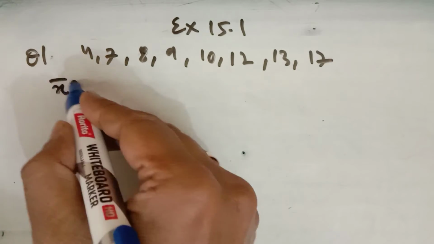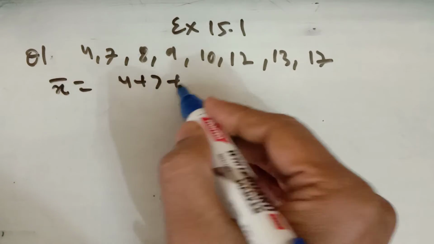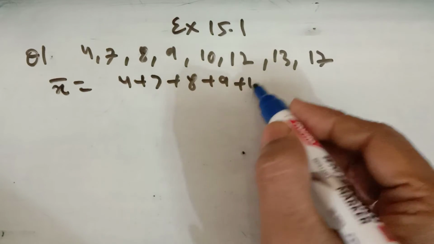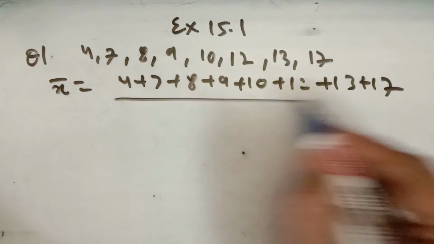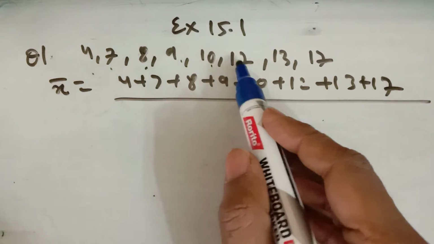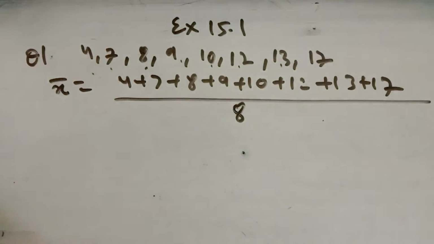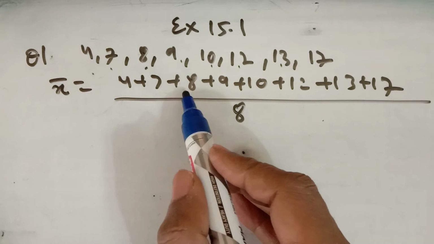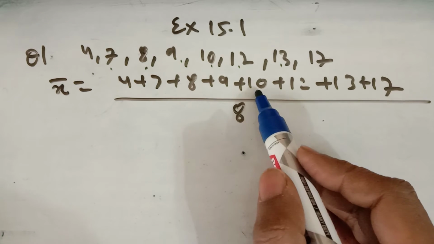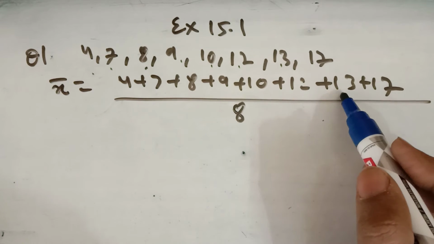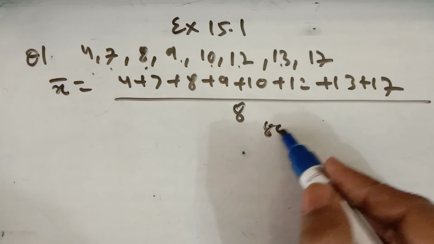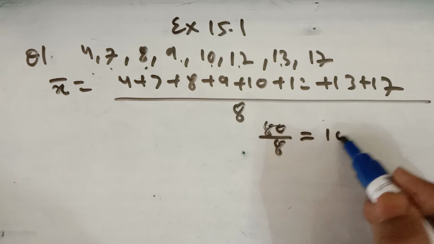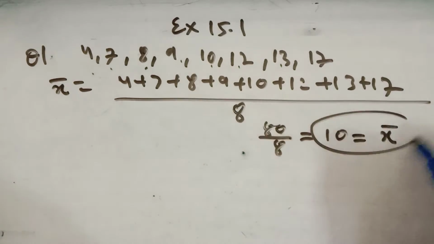Mean is 4 plus 7 plus 8 plus 9 plus 10 plus 12 plus 13 plus 17 divided by 8, since there are 8 terms. So 4 plus 7 is 11, 19, 28, 38, 50, then 60, 63, 70, 80. 80 divided by 8, that is 10, is the mean of this ungrouped data.